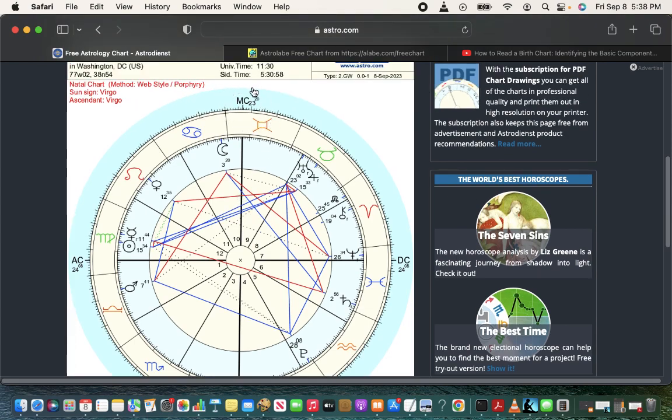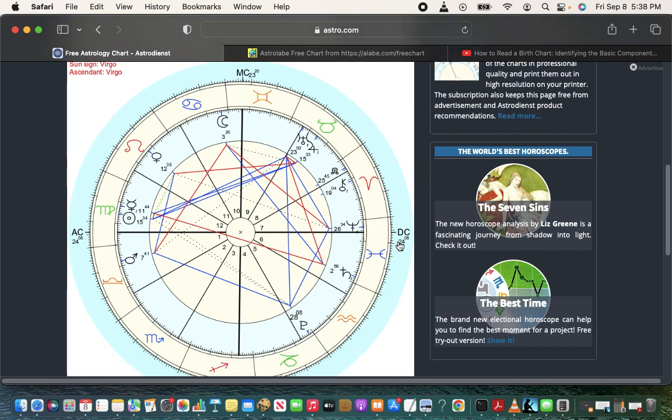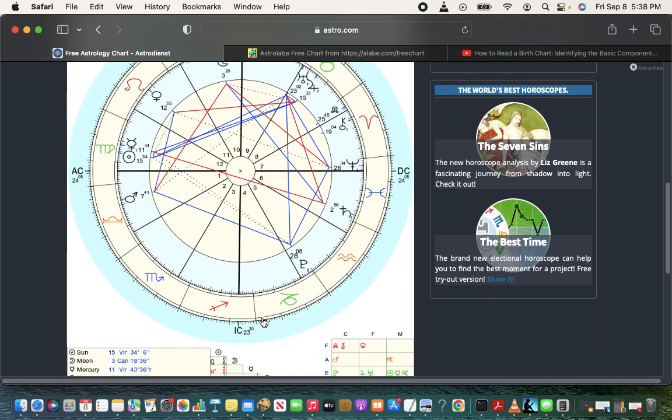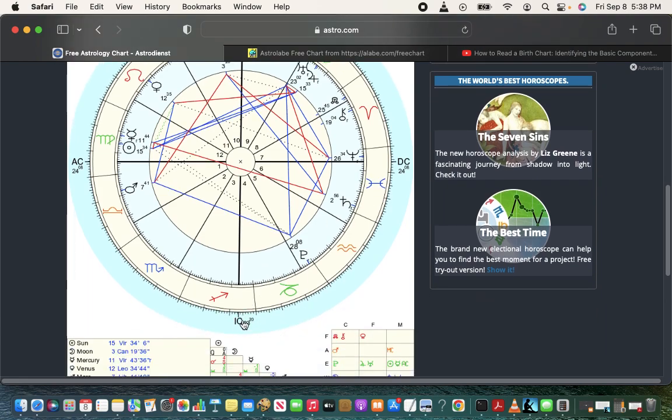This is known as the midheaven or the MC, and that's at 23 degrees and 20 minutes of Gemini. Over here we have the descendant, and that's at 24 degrees and 8 minutes, and it's in the sign of Pisces. And down here we have the IC, and that is at 23 degrees and 20 minutes.